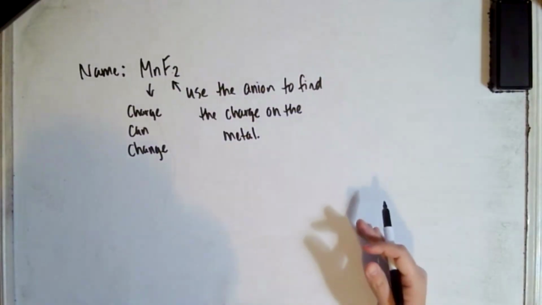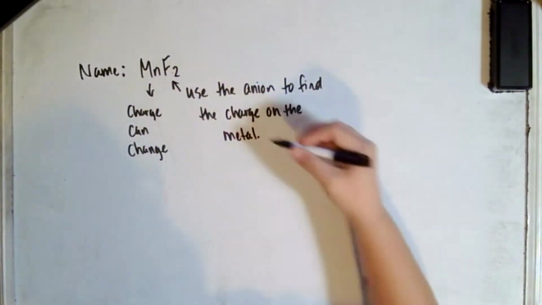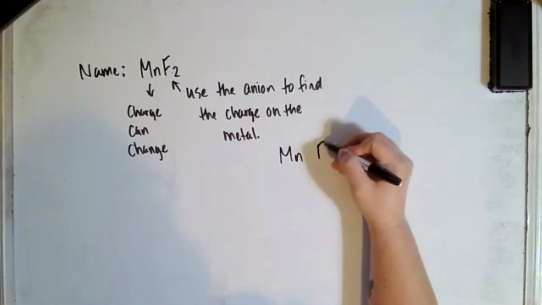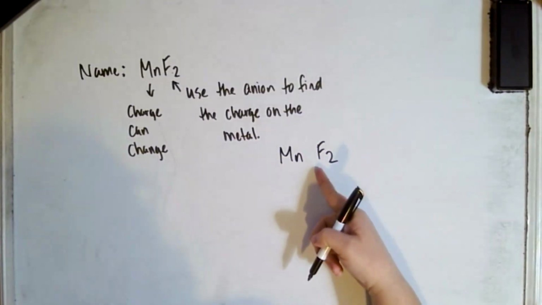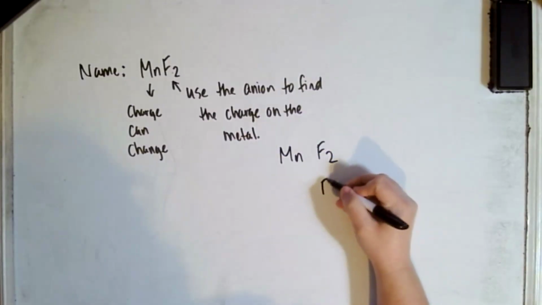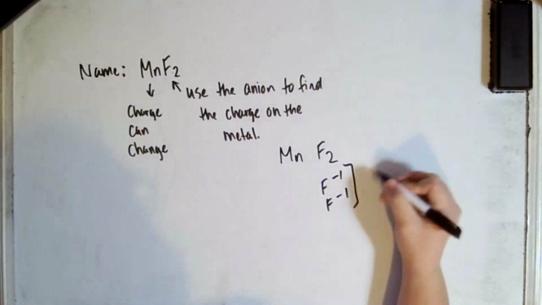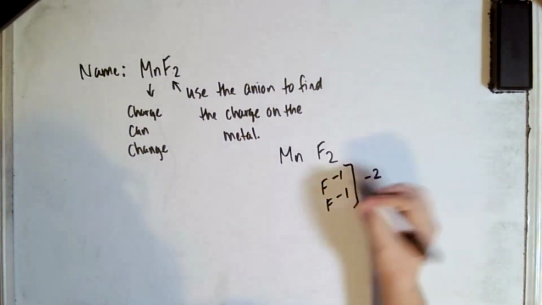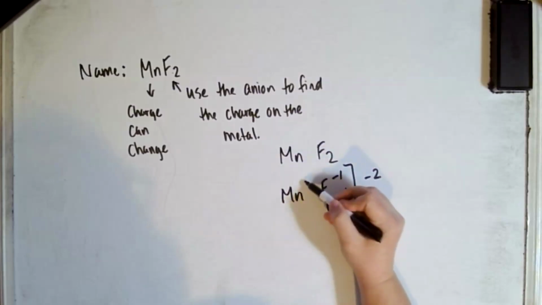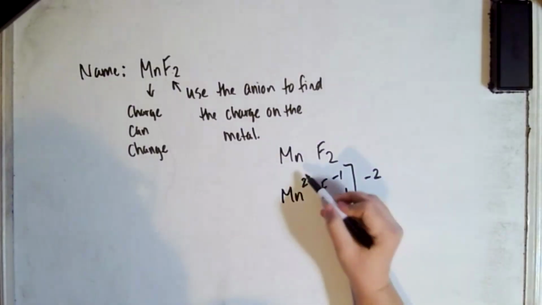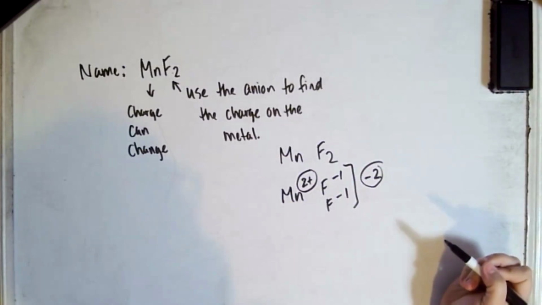That means that you know the fluoride ion has a -1 charge. And because the formula is MnF2, you know that there's one of these and there's two of these, right? So if each fluorine has a -1 charge, that means that the total negative charge is -2. If there's only one manganese, that means that the charge on that manganese has to be +2, because whatever your positive charge is, it has to equal your negative charge.